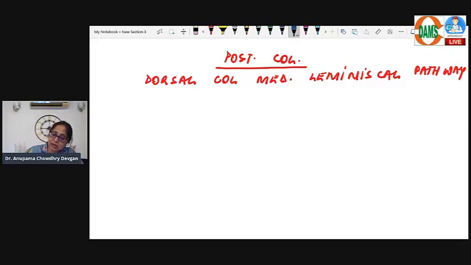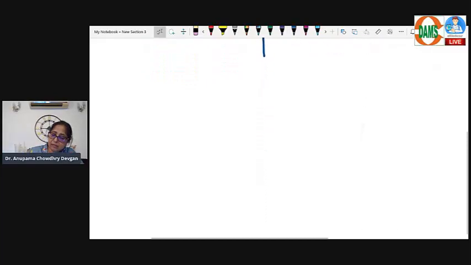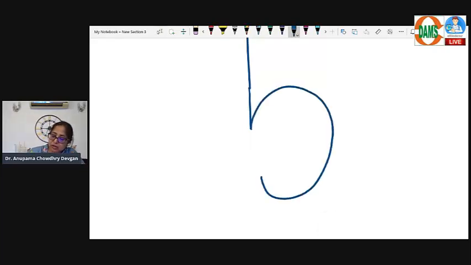Now, let us see what is the course of this tract. For that, I'm going to draw a midline here. This is a cross section of the spinal cord.